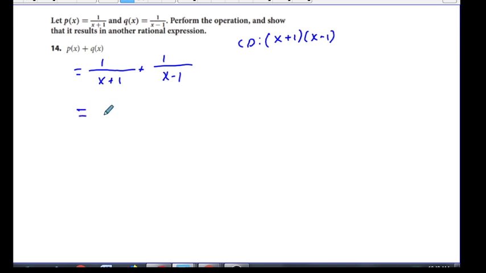Rewriting this, we have 1 over x plus 1, and to get our common denominator we have to multiply the numerator and denominator by x minus 1.